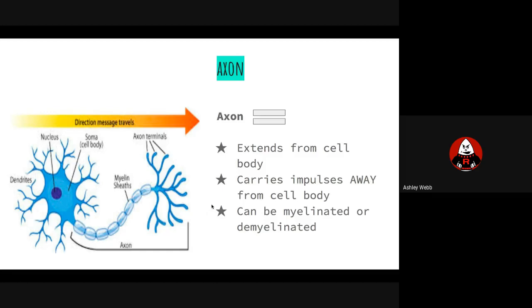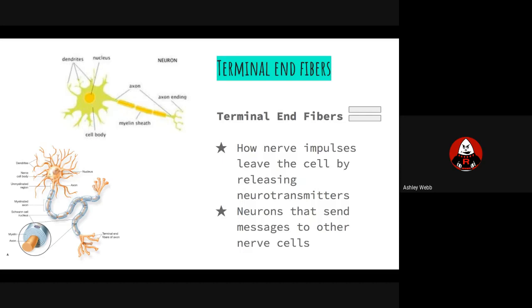An axon can be either myelinated or demyelinated, and we're going to talk about that in a little bit. At the end of the axon are what we call the terminal ends. The axon branches out at the terminal ends. All of these little oval things at the end of the axon are the terminal ends, and that is how the nerve impulse leaves the cell, by releasing those neurotransmitters, those chemicals.